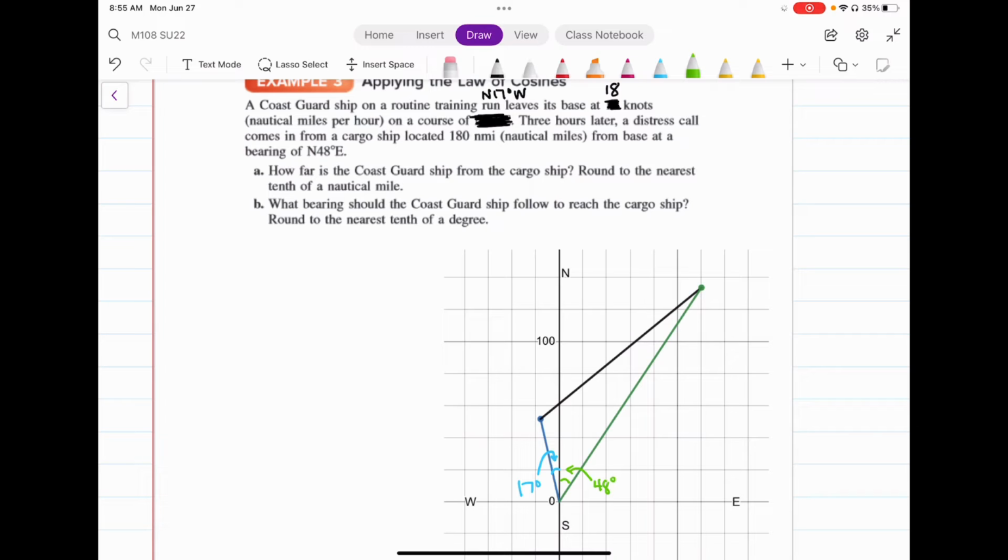We get those from the bearings. We are also told that the cargo ship is 180 nautical miles from the base. So the base is down here, and then we have the cargo ship and the Coast Guard ship.